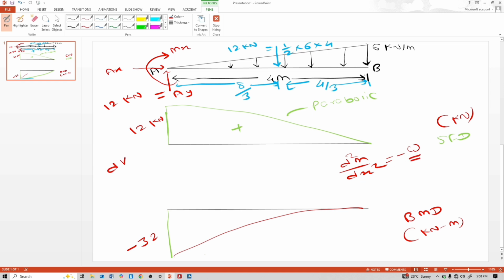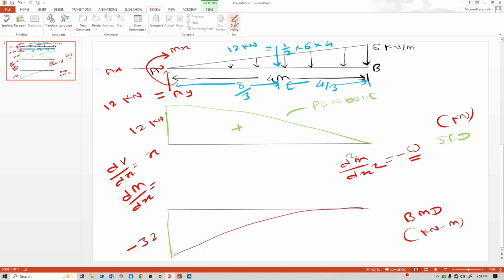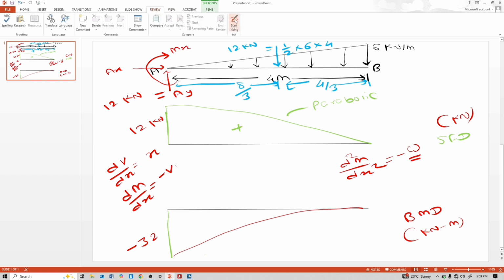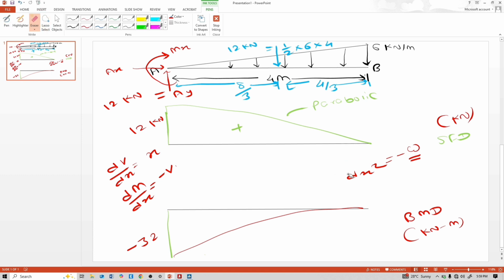So first see dv by dx is equal to w, and dm by dx is equal to minus v. If so, this is wrong.